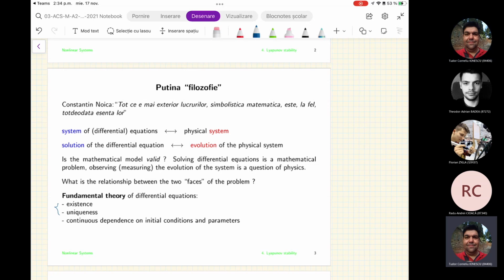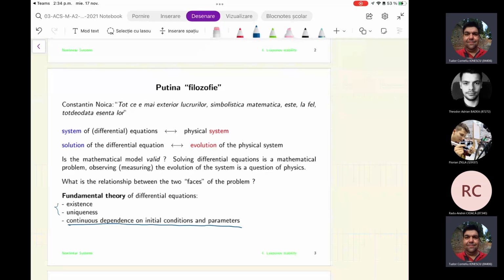Of course, like I always mention, all these results are local and not at all global. We are interested in the continuous dependence on the initial conditions and the parameters. And this ingredient is what helps us define, for instance, stability.